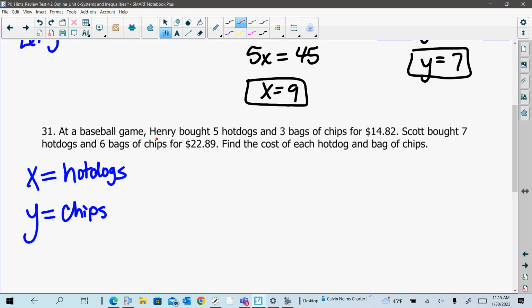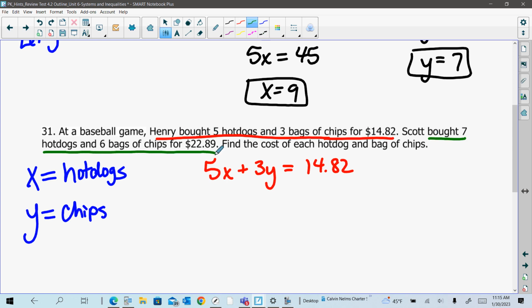So if Henry bought 5 hot dogs and 3 bags of chips for $14.82, how would I write an equation for that sentence? 5x plus 3y equals 14.82. Now Scott bought 7 hot dogs and 6 bags of chips.